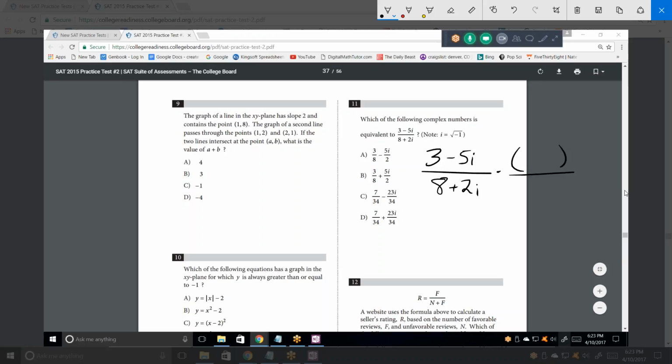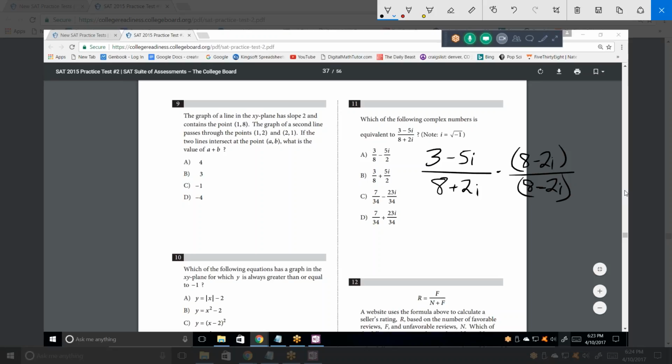So what do I have to multiply by? 8 minus 2i. This is where you do the conjugate. This is the only thing I know that you do the conjugate of. You have to multiply the bottom and the top by the conjugate.